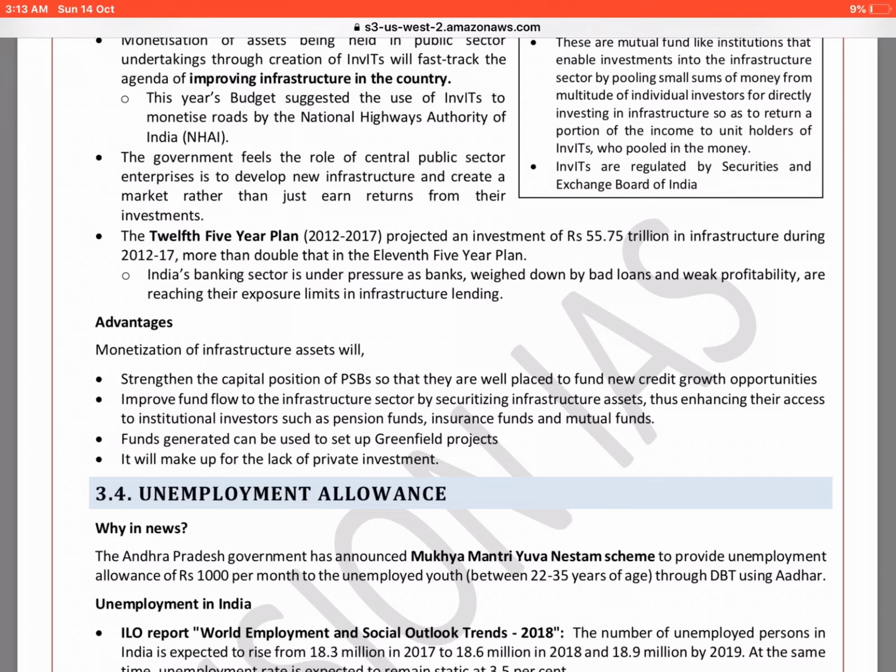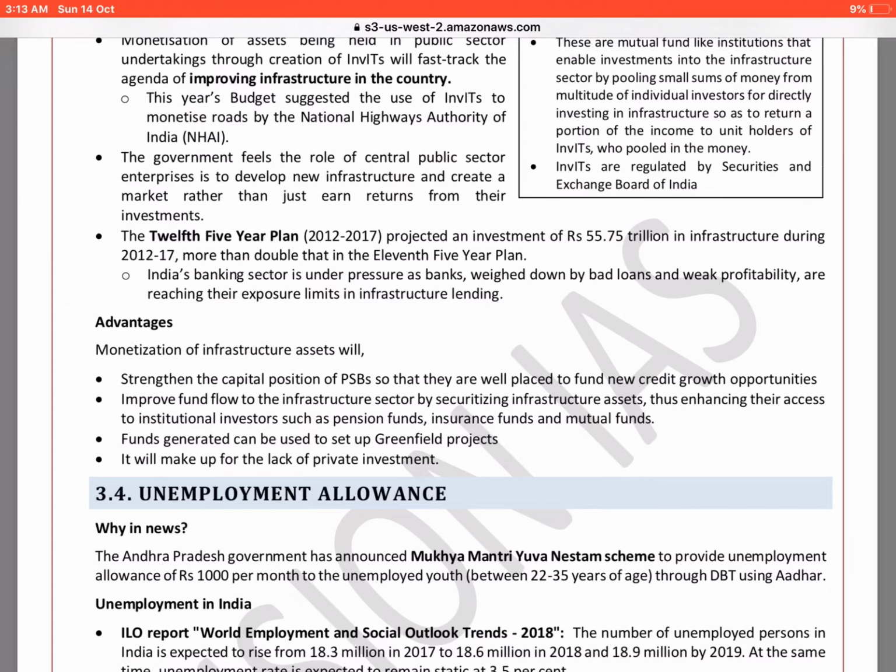And with the increased flow of money into InvITs, new infrastructure projects will be undertaken, and pension funds, mutual funds, and insurance funds can be used in InvITs.